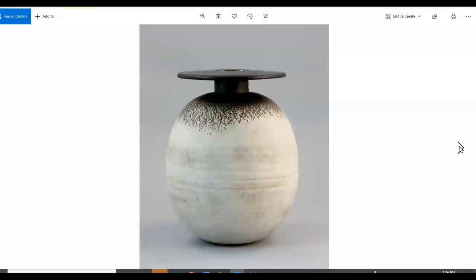In this case, this is a British potter by the name of Hans Coper. And he wanted you to look at his form, which is kind of an interesting vase form, but just this beautiful round orb, this incredibly, kind of ironic, flat disc up on top here.